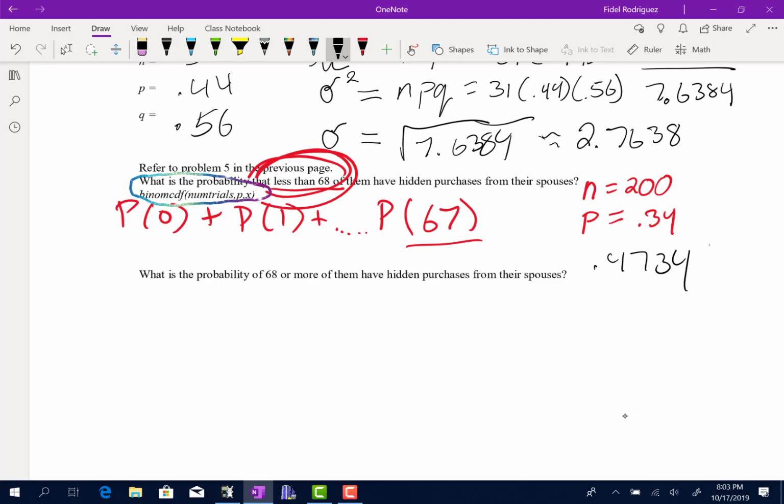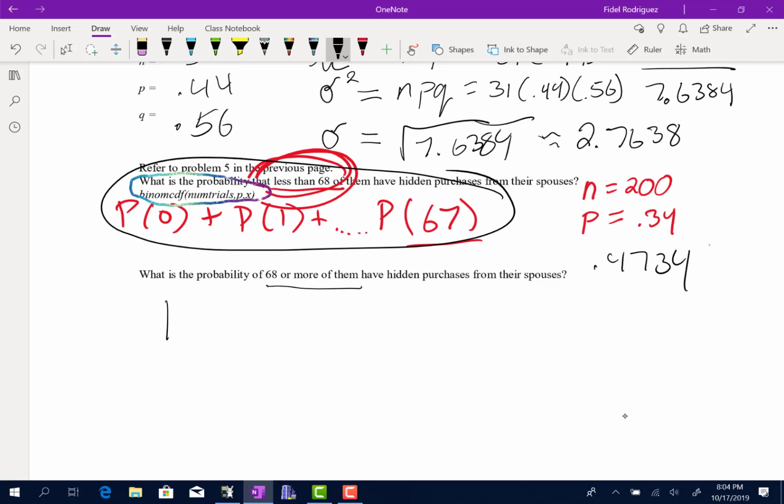Now, guys, if we already know the probability that less than 68 of them have hidden purchases, what's the probability that 68 or more? How would I do that? We would subtract. We would take 1 minus 0.4734.